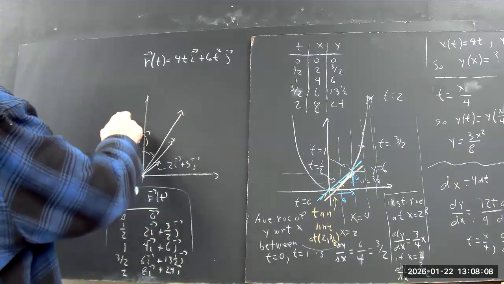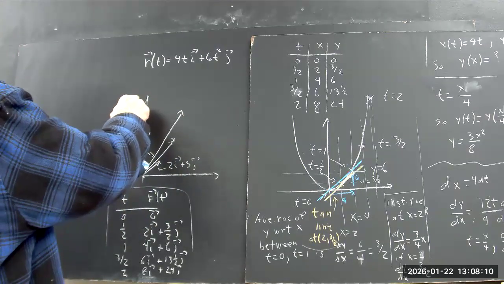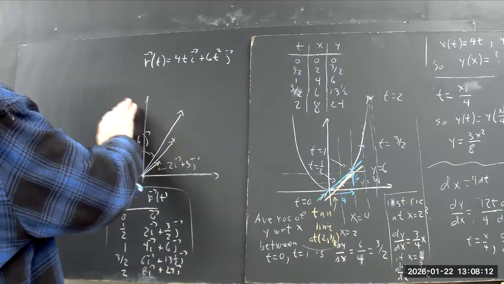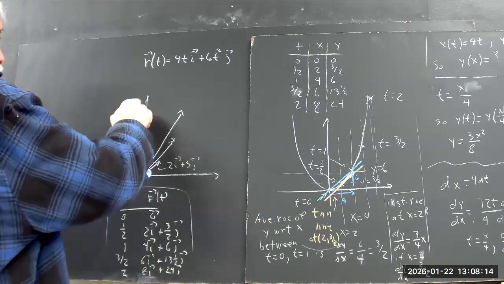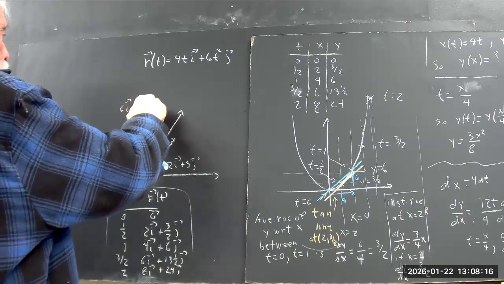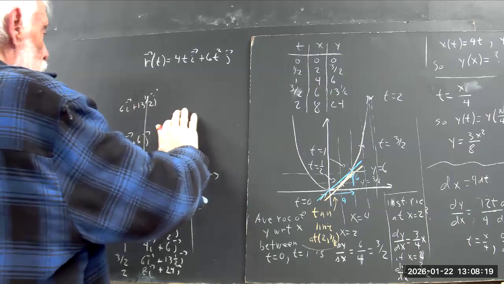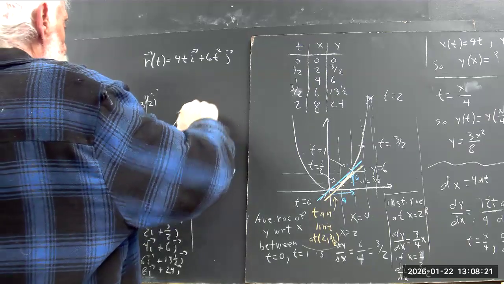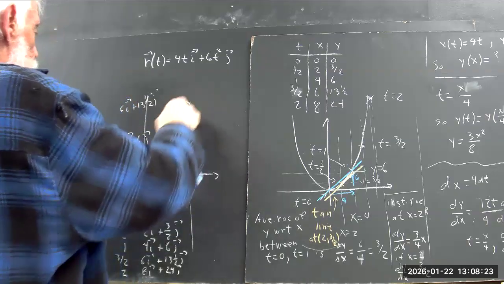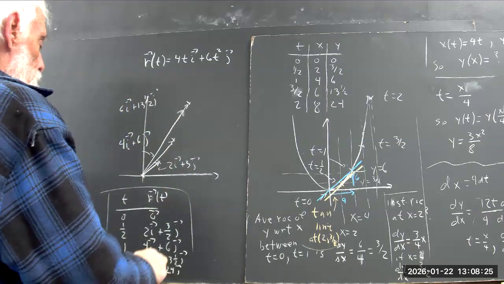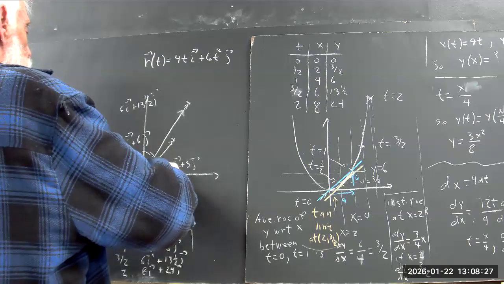Again, this is not totally accurate, but 6i plus 13.5j should probably be a little longer than that. Put you at this point, and then 8i plus 24j.